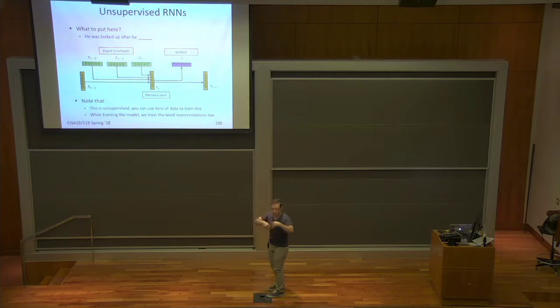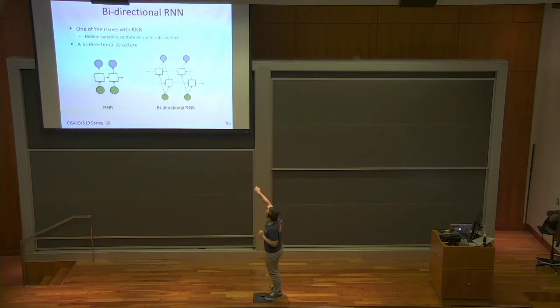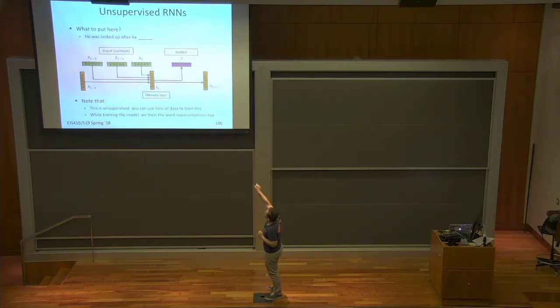So let's try to model that in terms of RNN modeling. Let's say I have this RNN that reads something about context, and there's a latent representation here, and it makes a prediction about what is going to come next. In this case, my inputs are going to be these words here, and I'm going to make a prediction about what's going to come next.